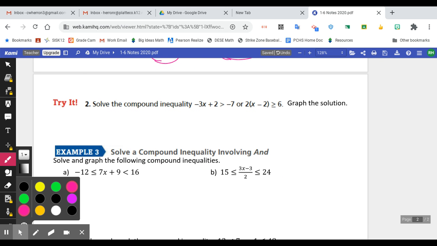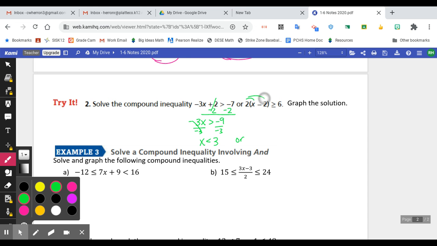Okay? Pause and do this one by yourself and then check in. So subtract 2. Negative 3x is greater than negative 9. If I divide by negative 3, I have to flip. So it's less than 3.